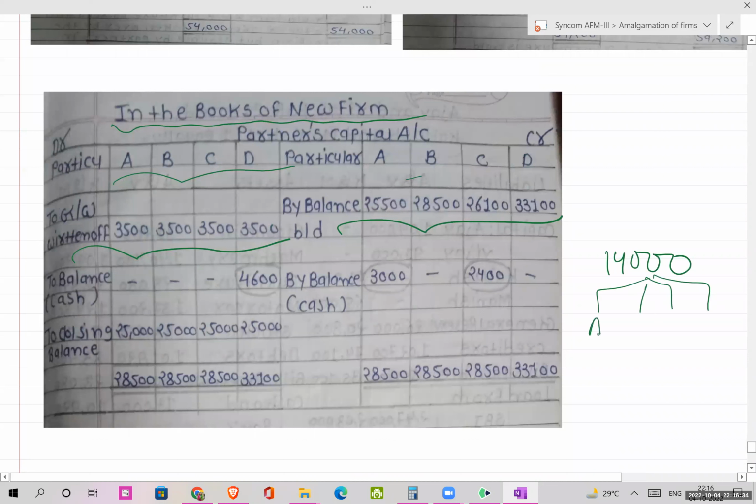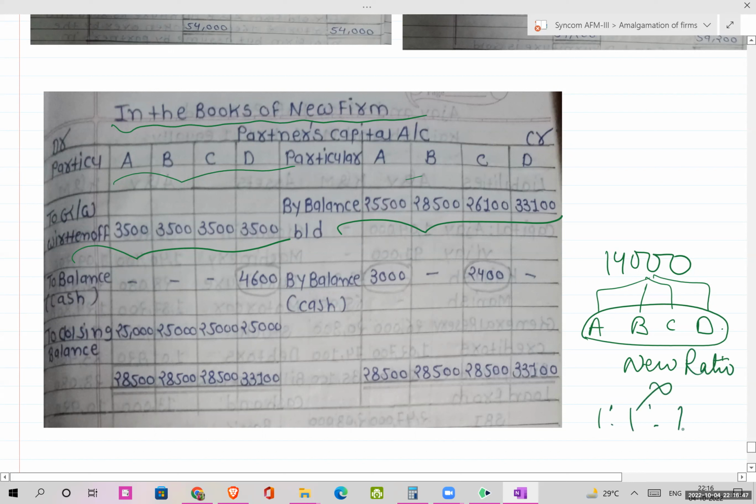कंपनी अमालगमेट हो गई और 4 पार्टनर हो गए. बराबर. न्यू रेशियो नहीं दिया है. न्यू रेशियो आफ्टर अमालगमेशन इज नॉट गिवन, सो आई विल अज्यूम इक्वल. ओके, प्लीज डोंट टेक वो पहले वाला रेशियो विच इज 3:1 and 1:1, and don't keep the ratio 3:1:1:1.